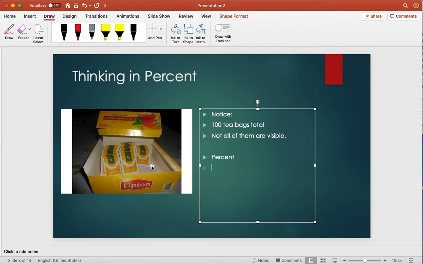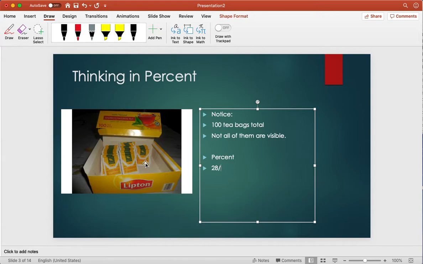So if you count out all of them, 1, 2, 3, 4, 5, 6, 7, 8, 9, 10, 11, 12, 13, and so on up to 28. I got roughly 28.